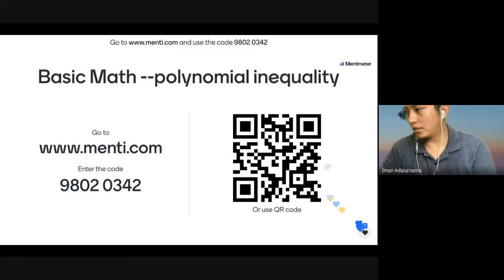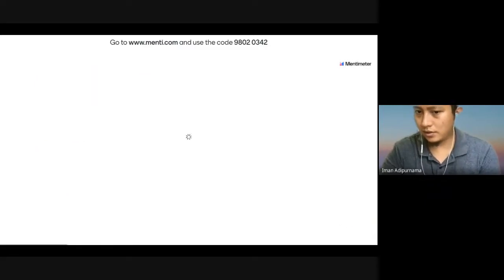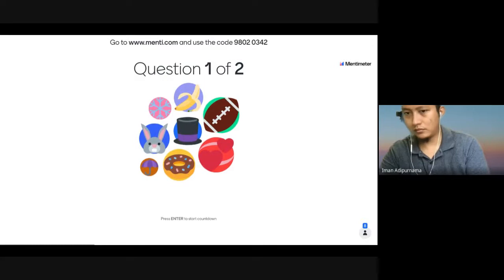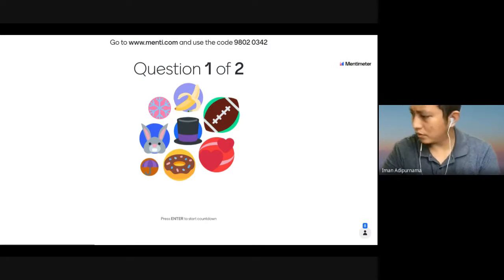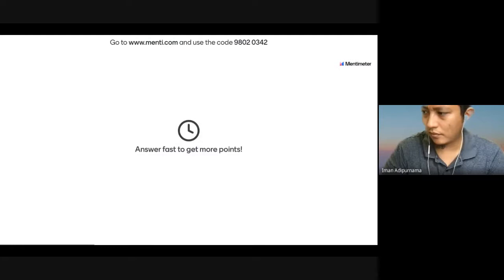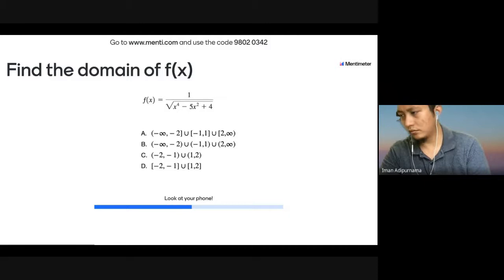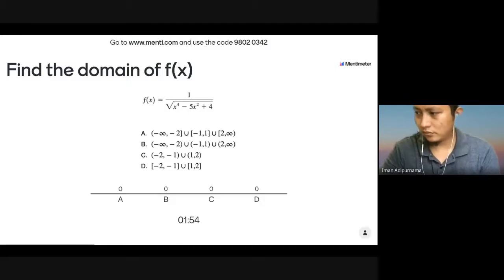Okay, let's start. We have 8 people, though we have 10 or 11. Let's just start. This is actually also an inequality problem.